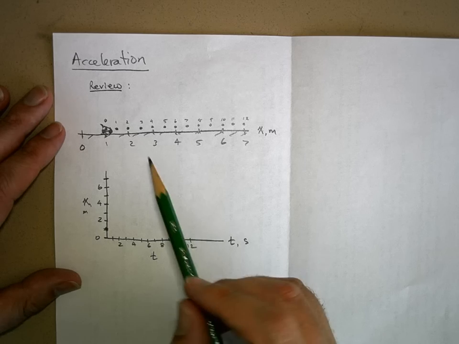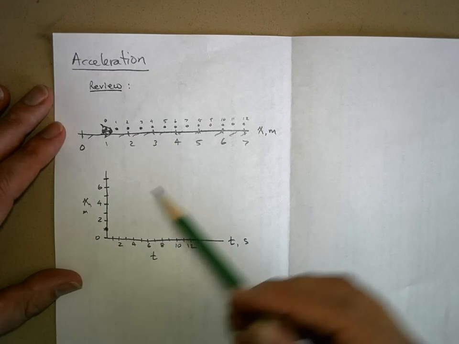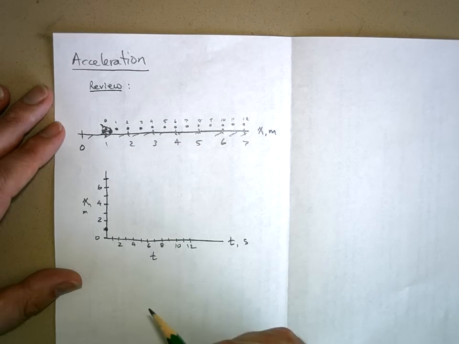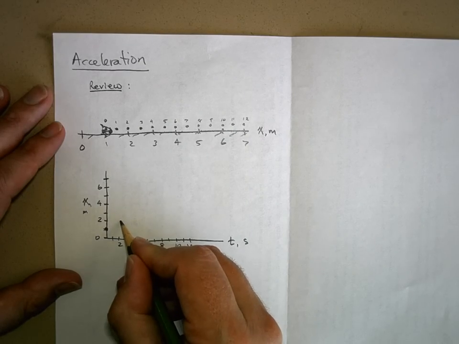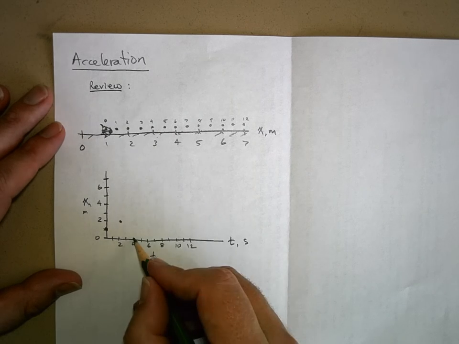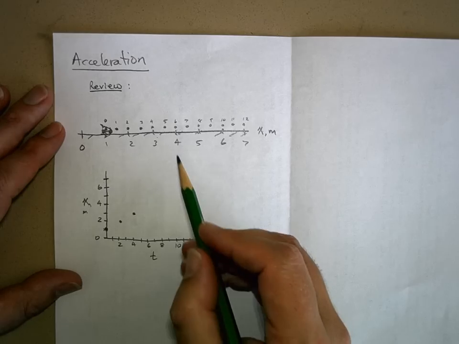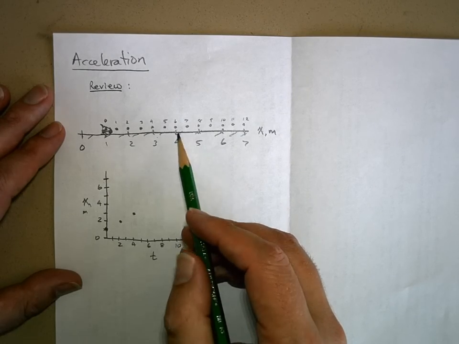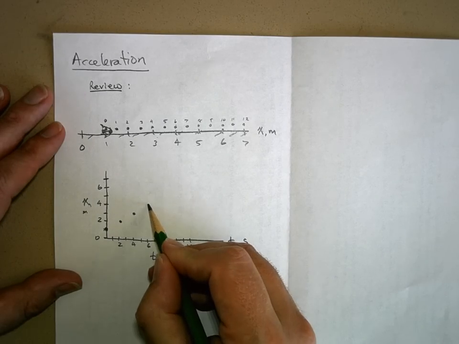At 2 seconds, I don't have to plot every single point, I'm just going to say it was at 2 meters. At 4 seconds, it was at 3 meters. At 6 seconds, it was at 4 meters.